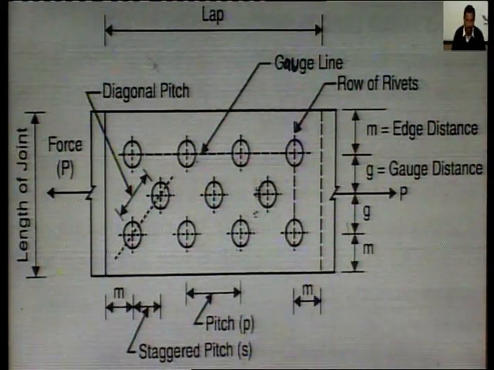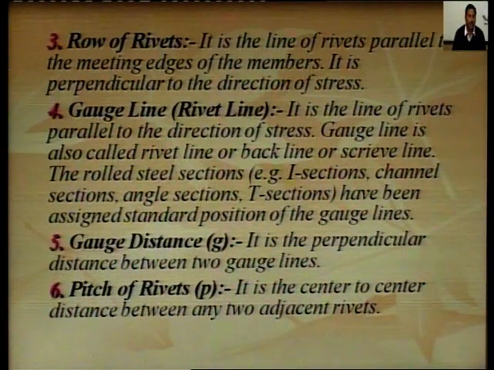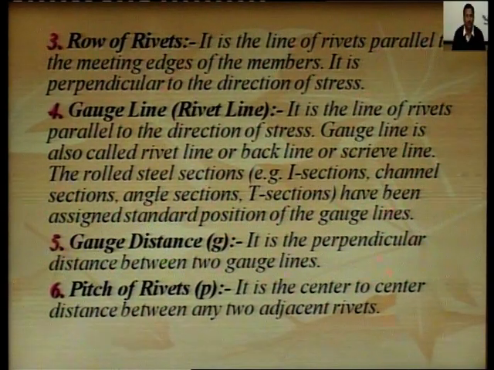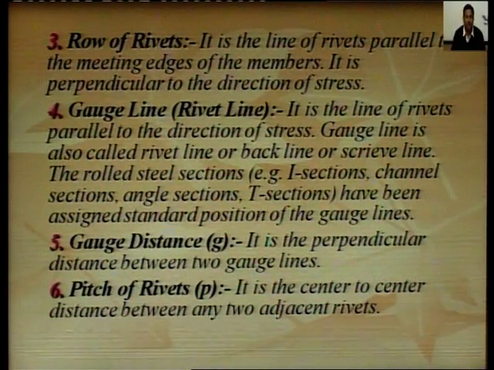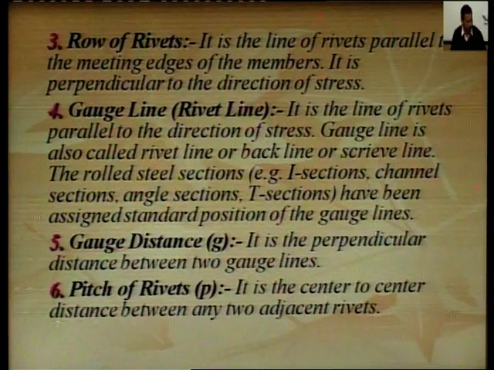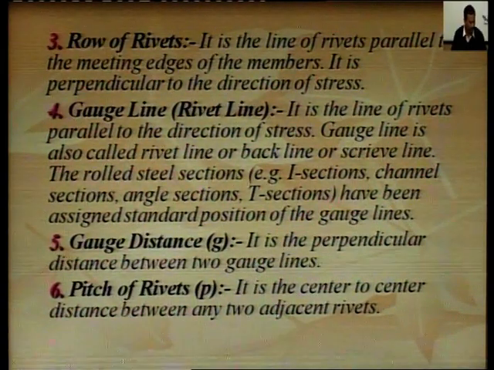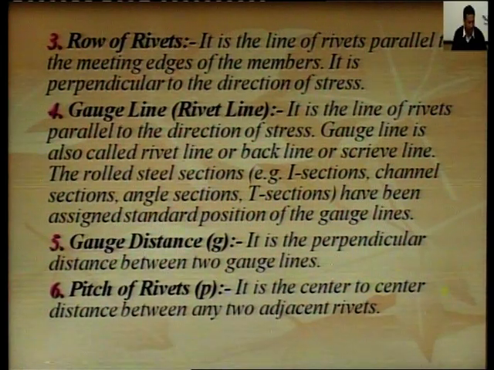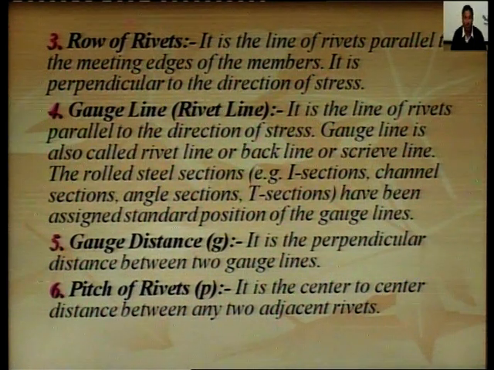So, next, row of rivet. It is the line of rivet parallel to the meeting edge of the member. It is perpendicular to the direction of stress. A line of rivet parallel to the meeting edge of the member and perpendicular to the direction of stress is called row of rivet.